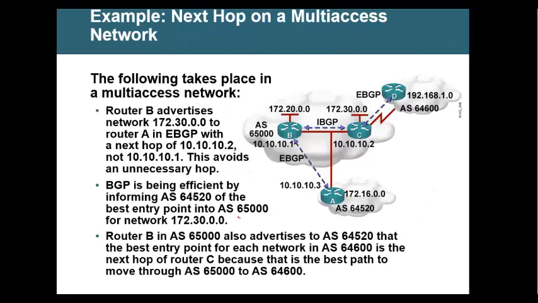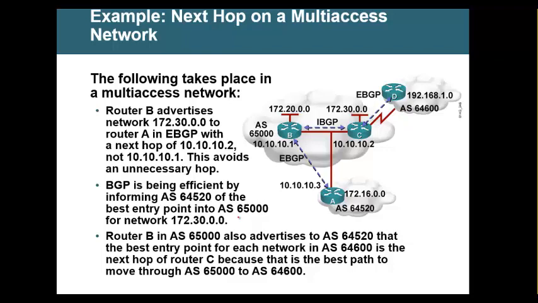We also learned another next hop behavior, this one. For the 172.30.0.0 network, A will find the next hop is 10.10.10.2. But the actual neighbor for A is 10.10.10.1.